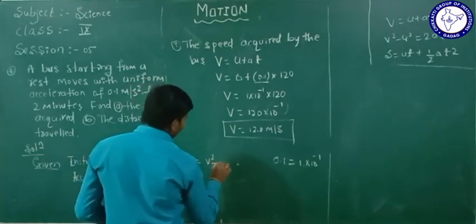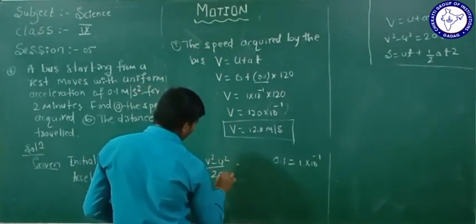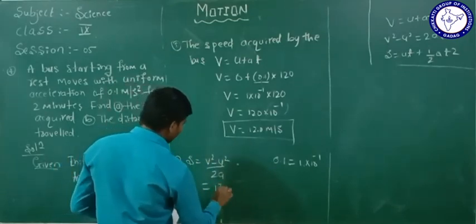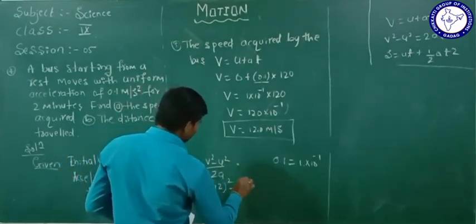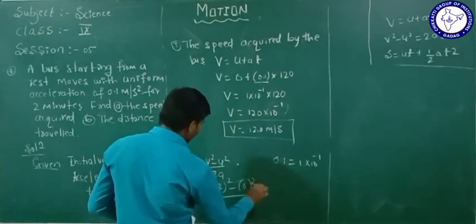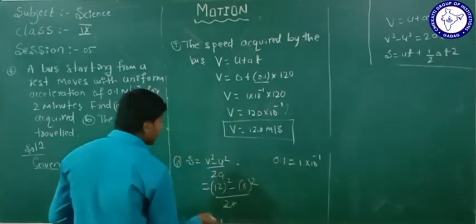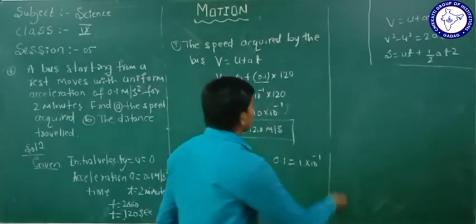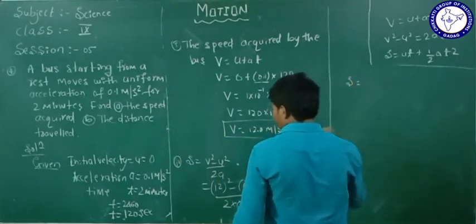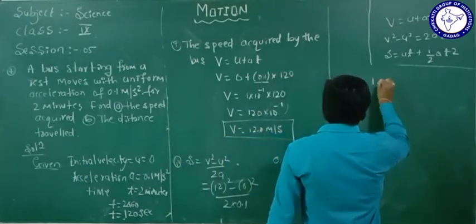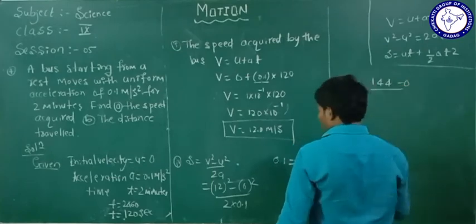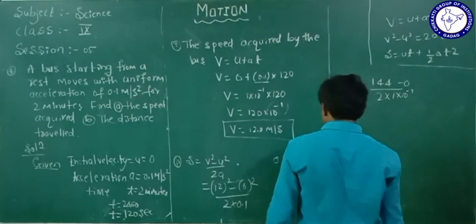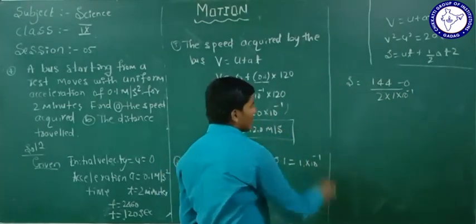I am taking v square minus u square divided by 2a here. s is equal to 12 square minus 0 divided by 2 into 0.1, where 0.1 will be replaced by 1 into 10 raised to minus 1. So s is equal to 144 minus 0 divided by 2 into 1 into 10 raised to minus 1.